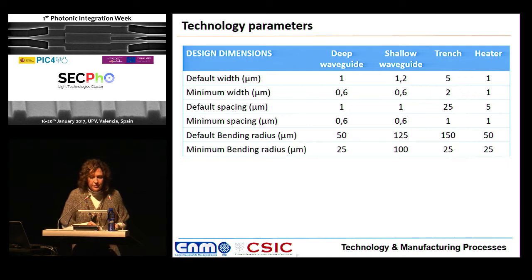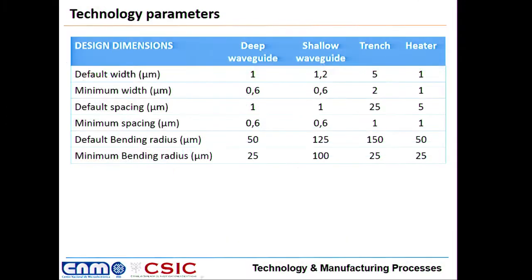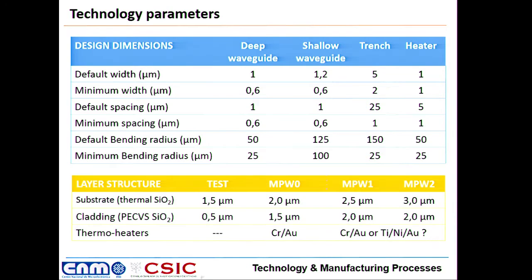So some technological parameters: if we see the design dimensions, we can see the different default and minimum values of the deep waveguide, the shallow waveguide, and also for the range of the heater. Those values are in the cycle of test. So we propose, we test, fabricate, and then we can modify those values, okay?